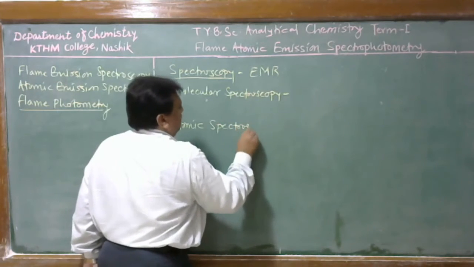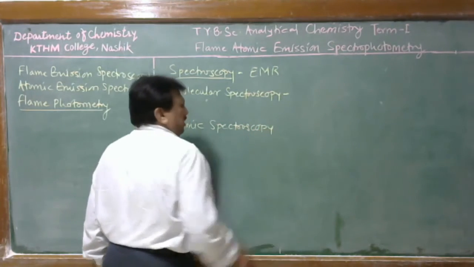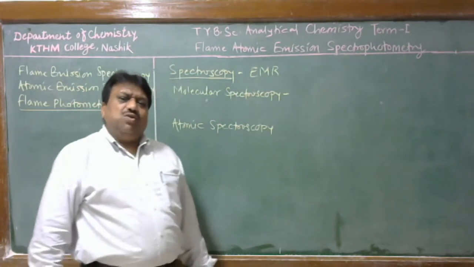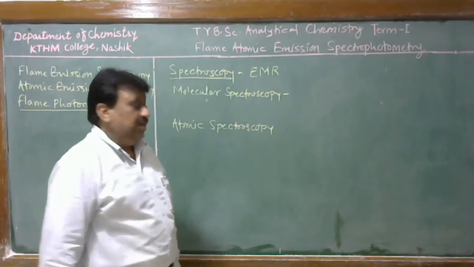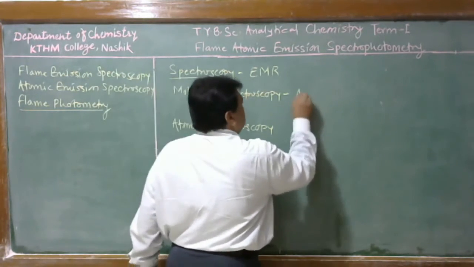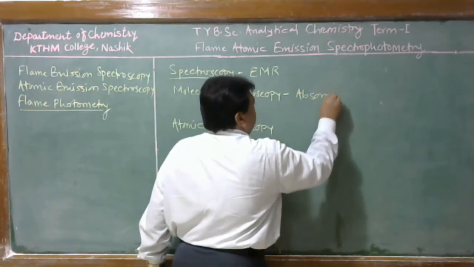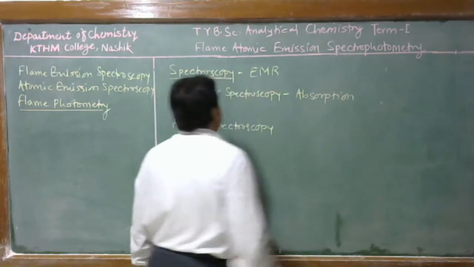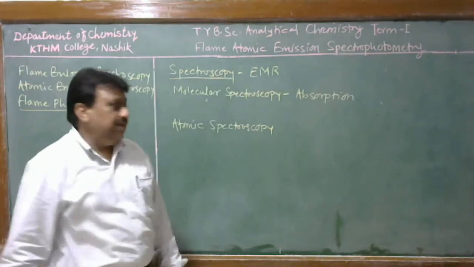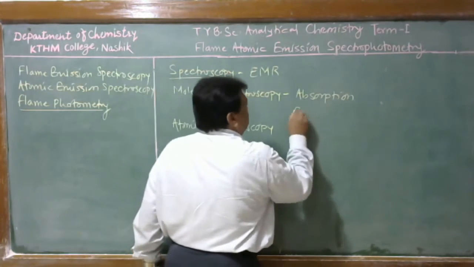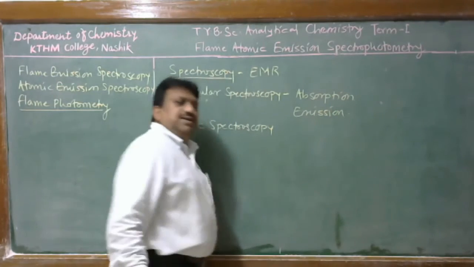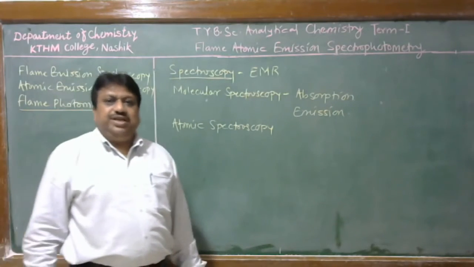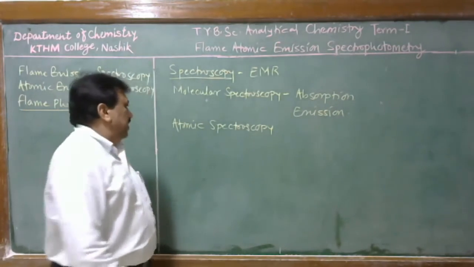In molecular spectroscopy, we measure the concentration or amount of molecular species present in the solution. When that molecular species absorbs electromagnetic radiation, it is molecular absorption spectroscopy, and when it is related with measurement of emission of molecular species, it is called molecular emission spectroscopy.